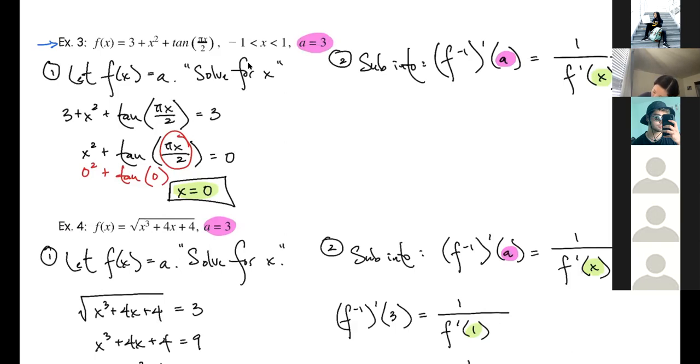All right. So we'll get this equals 1 over, let's see, now we have to take the derivative of that piece. So derivative of 3 goes to 0. Derivative of x squared is 2x plus, someone help me out here, what is the derivative of tangent of pi x over 2?